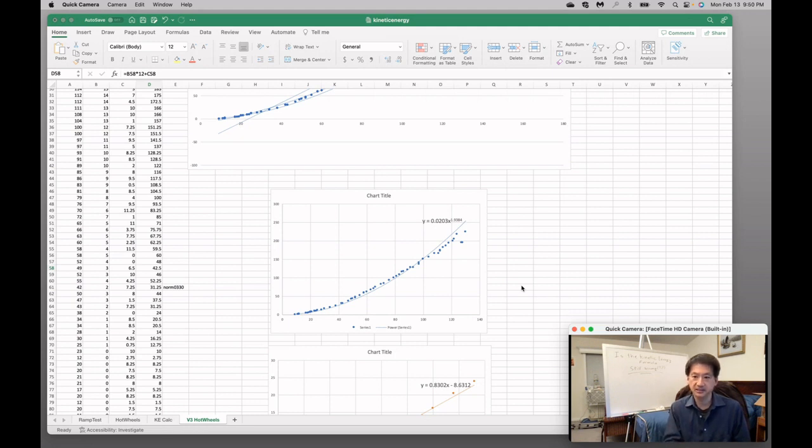In my case, I used how far the car travels, presuming that it loses energy by friction at a constant rate, which may or may not be a correct assumption.